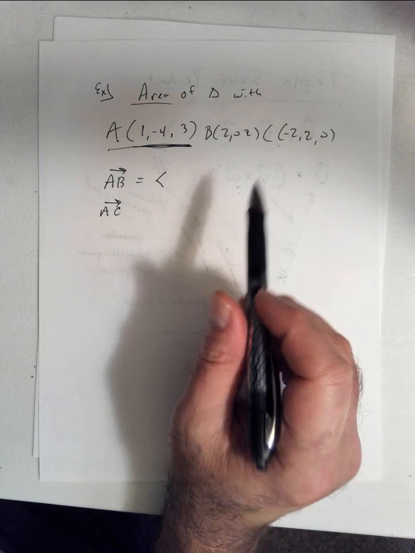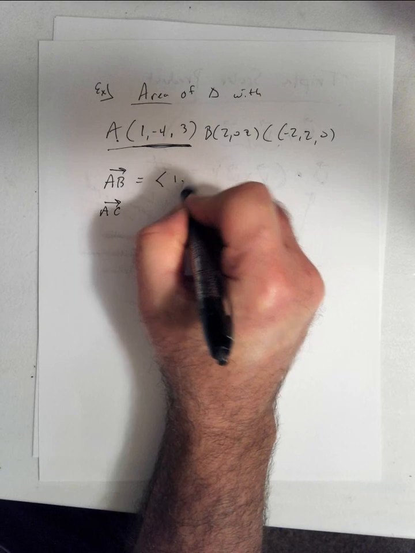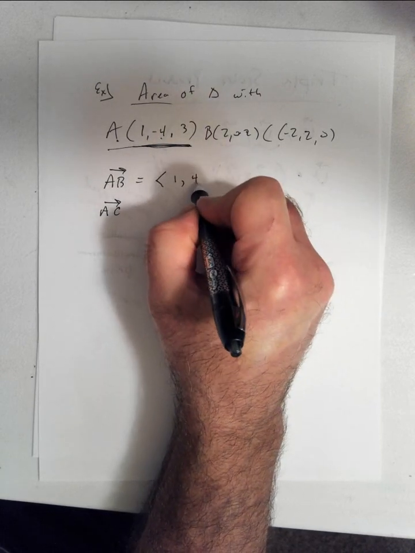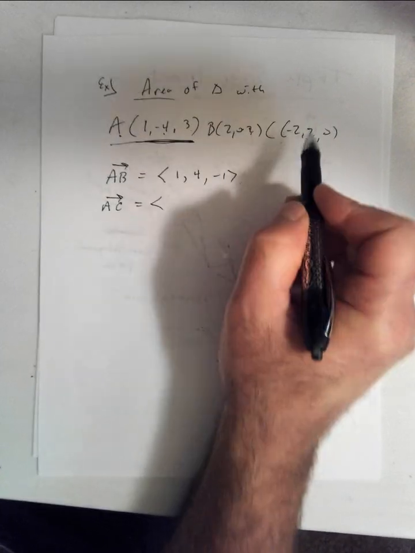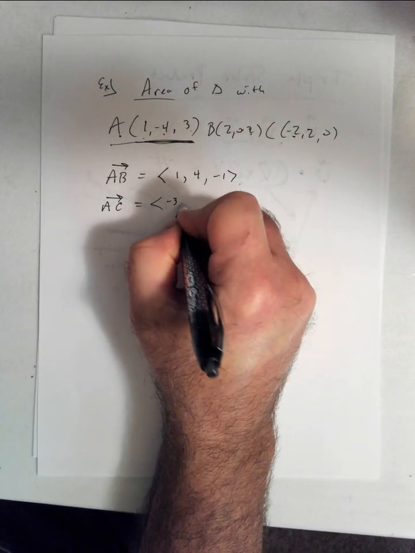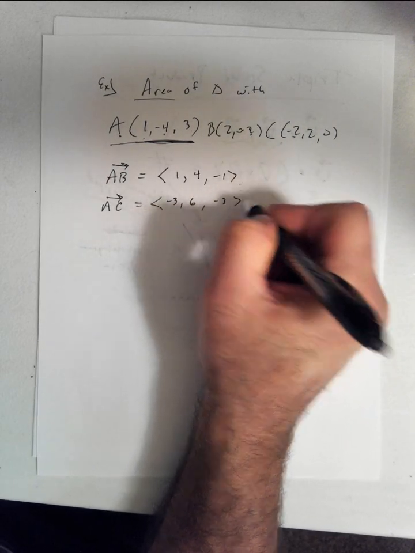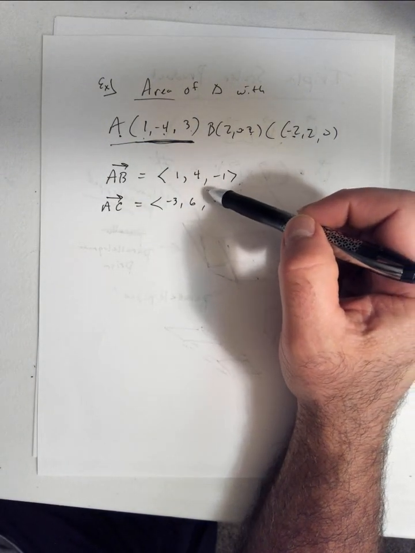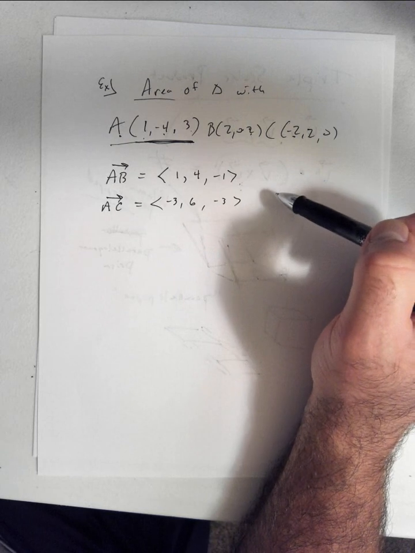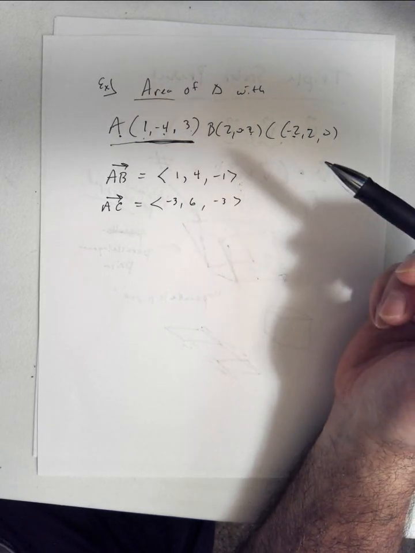All right, so again, sliding: 2 minus 1 is 1, 0 minus negative 4 is 4, and 2 minus 3 is negative 1. And then vector AC is negative 2 minus 1, 2 minus negative 4, and 0 minus 3. So now, by translating, we still have the same size triangle. If we were to draw this out, we would still have the exact same congruent triangle because all we did was translate.